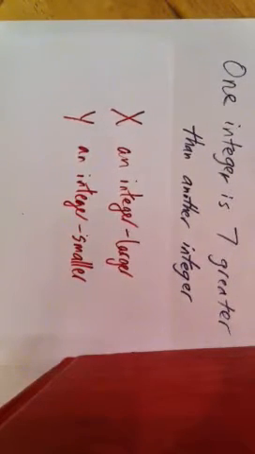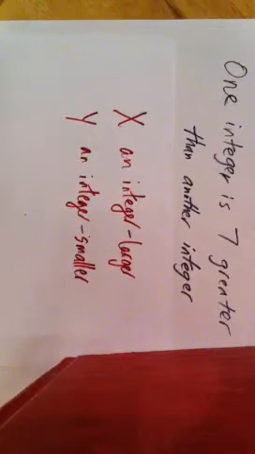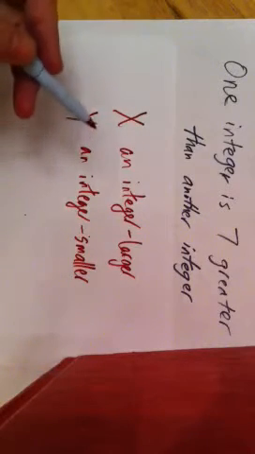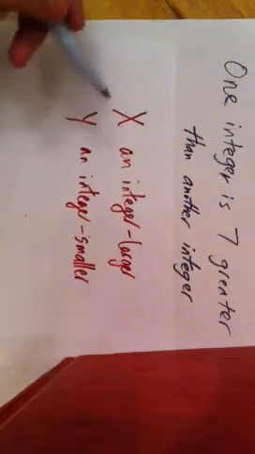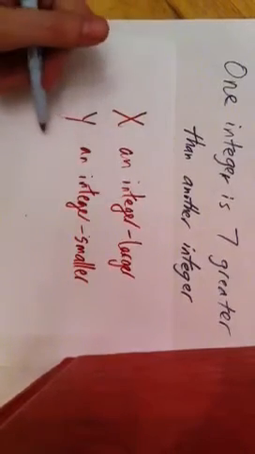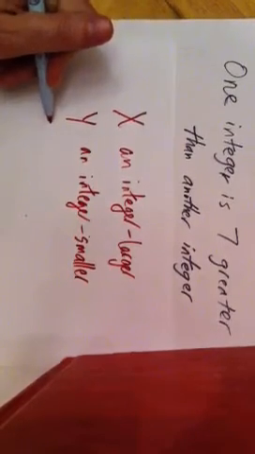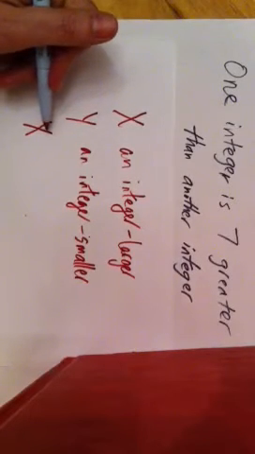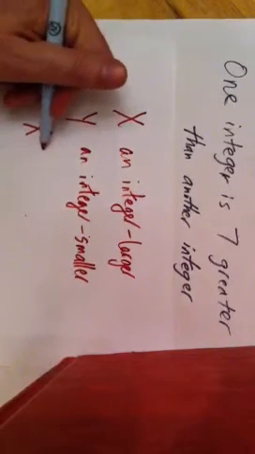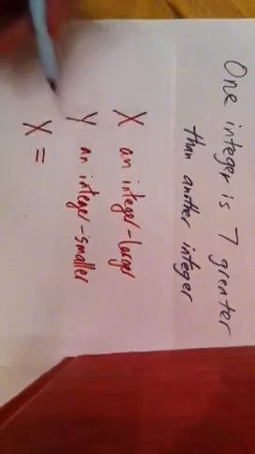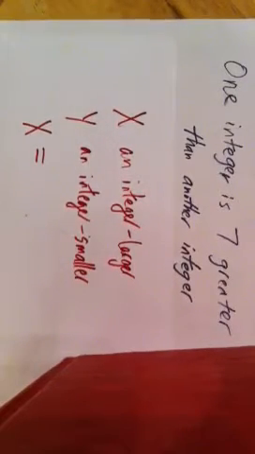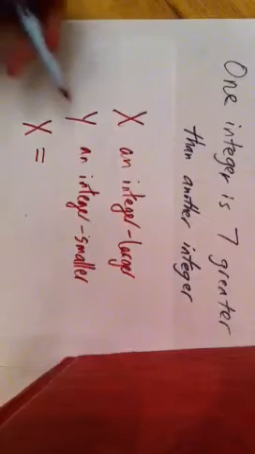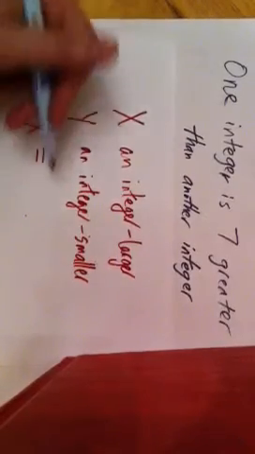Let's do that. One integer is 7 greater than another. Well, we're going to be talking about the greater one, the one that's larger. That's x. So let's go ahead and put that into math. X, the larger integer, is, now is translates as equals in math, 7 greater than another integer.